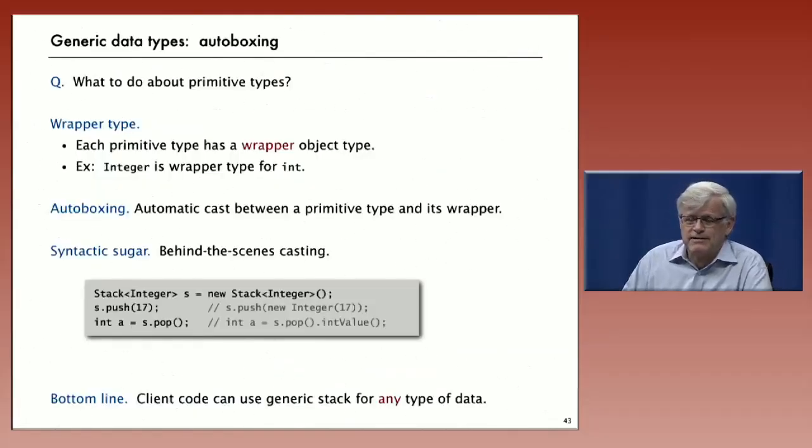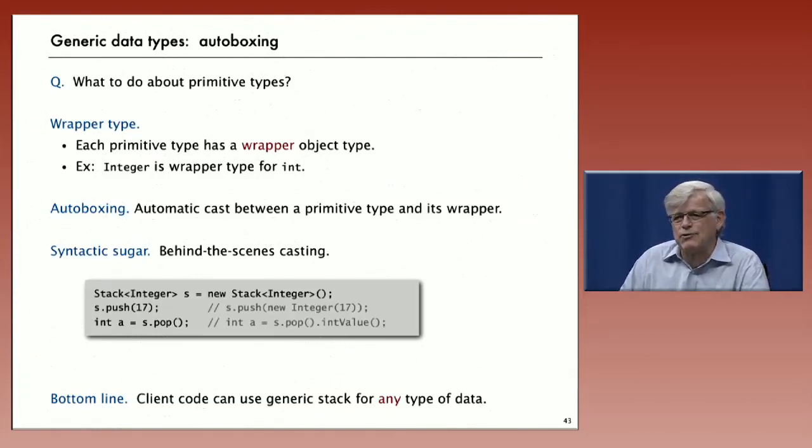Okay, there's one other detail that Java takes care of, and that's what about primitive types. The generic type that we're using is for objects, and we're casting down from array of objects. In order to handle generic types, we have to use Java's wrapper object types.